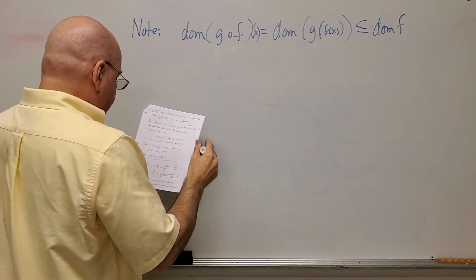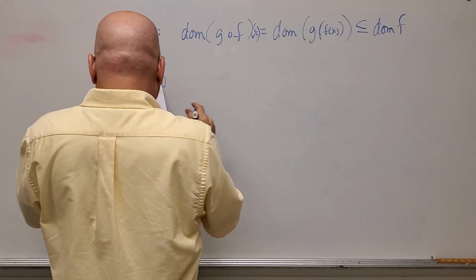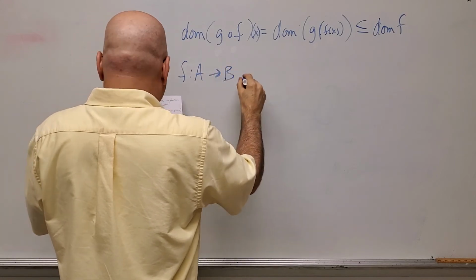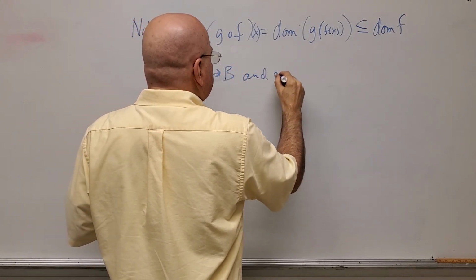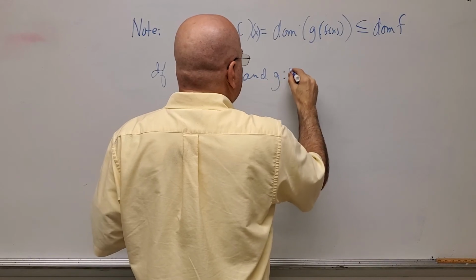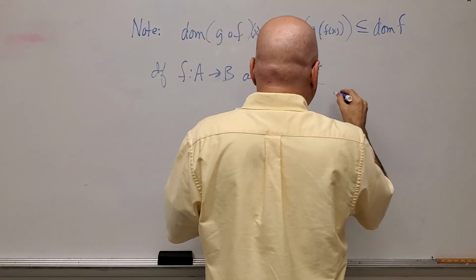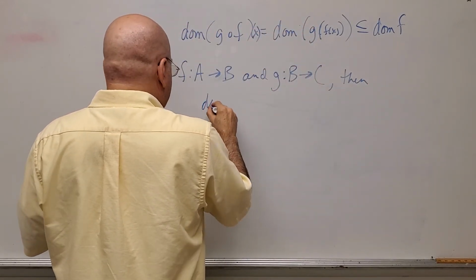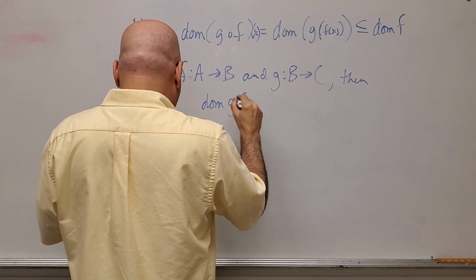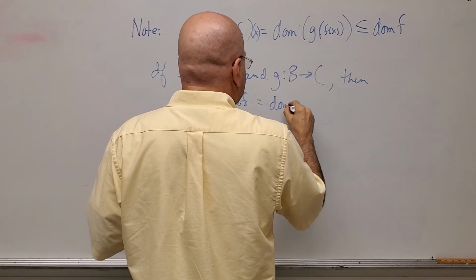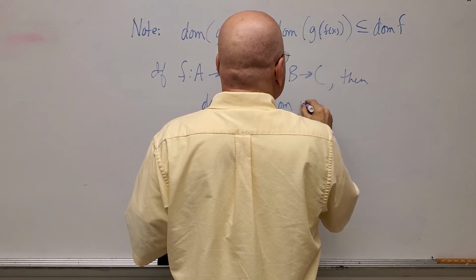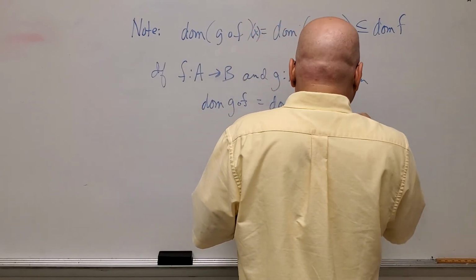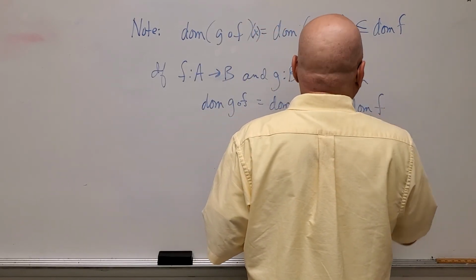You'll see why it's a subset. If f maps A into B and g maps B into C, then the domain of g composed with f is equal to the domain of g of f of x, which is equal to the domain of f.